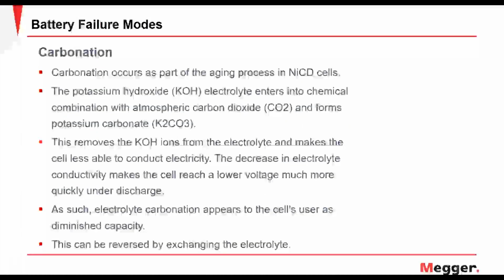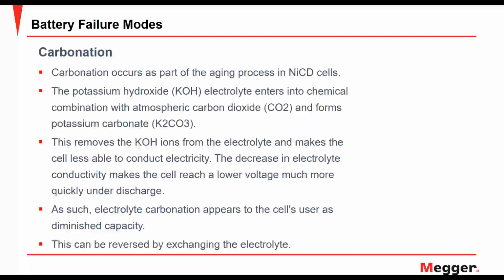For nickel cadmium batteries, we have a process called carbonization or carbonation. It happens as an aging process in nickel cadmium batteries. Basically, the CO2 in the atmosphere gets inside the electrolyte of these batteries and changes the chemistry, thus creating a lower capacity in your battery.